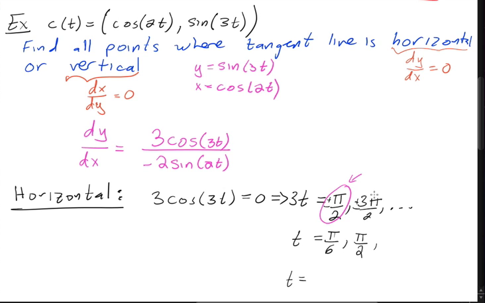So notice that whenever it's at pi over 2 plus or minus pi, right? So it's pi over 2 plus or minus k times pi, right? And then if you divide that by 3, because that's when 3t is equal to that, that means that t is pi over 6 plus or minus k pi over 3, right? Does that make sense? For k equals 0, 1, 2.